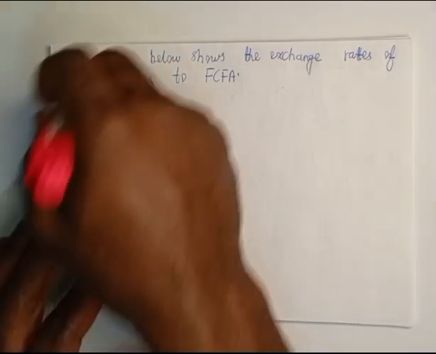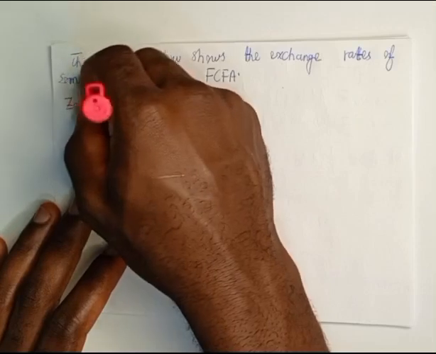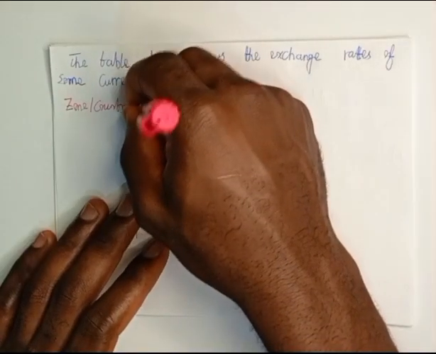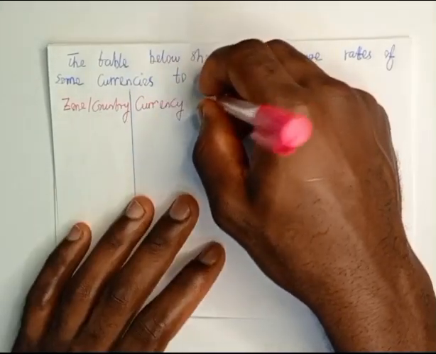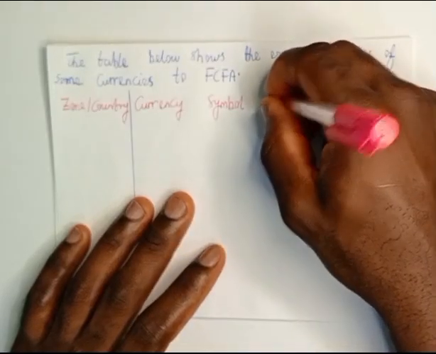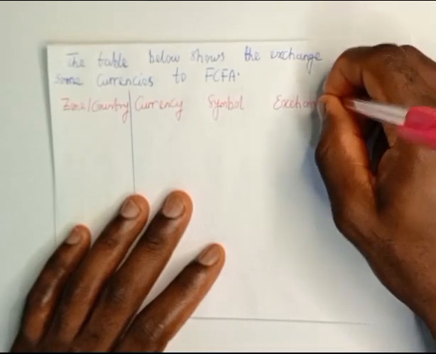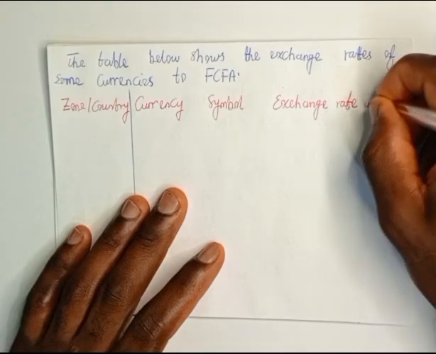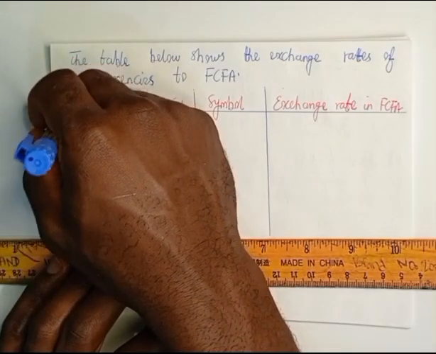First, we take down the zone or the country where the currency is used. Next, we take down the currency, the symbol, and lastly, the exchange rate in franc CFA.